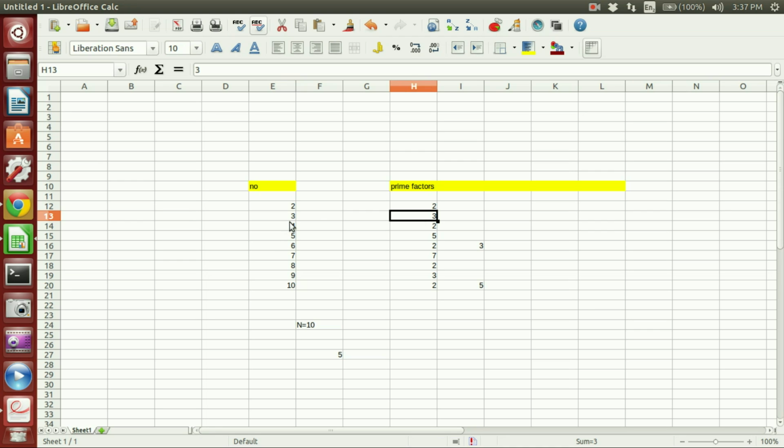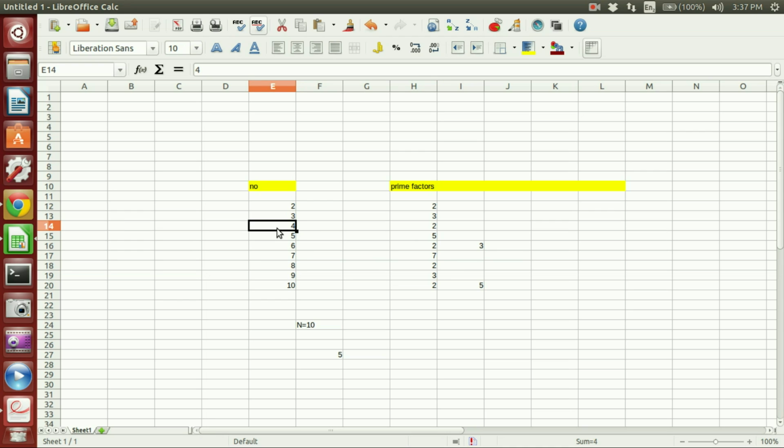Now we would use that value and store it in all its multiple index values, that is 3, 6, 9, we would set it as 3, but 6 is already set to 2, right? So we won't set it to 3 again. For 9 it is not set, so we would set it to 3.